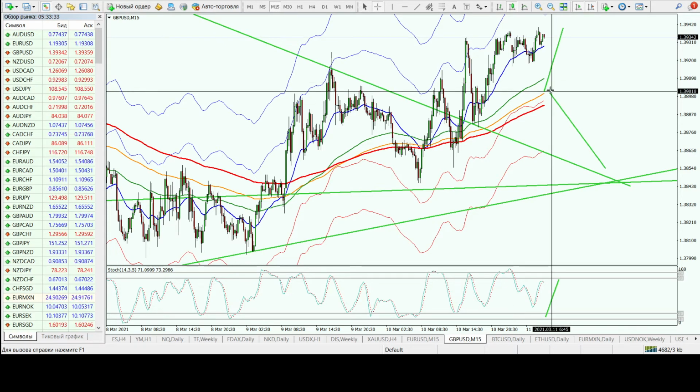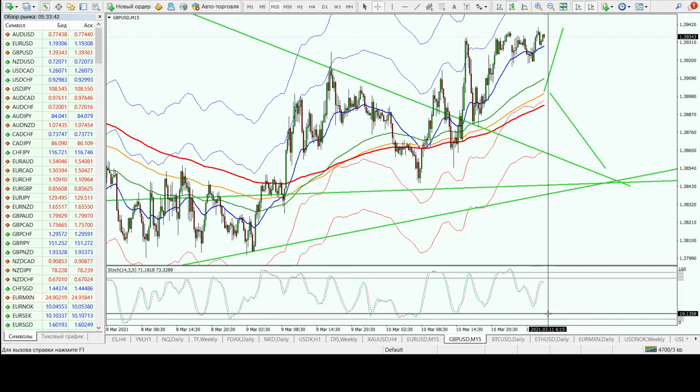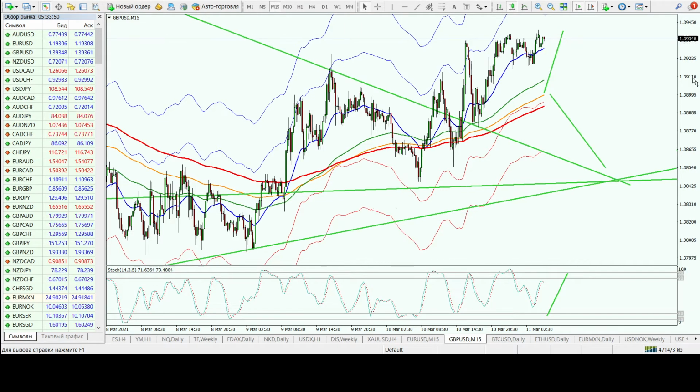If they test 139, they test this area, and the stochastic oscillator will show us a buy signal near the bottom part, this will be a moment to buy with the target 139.70.